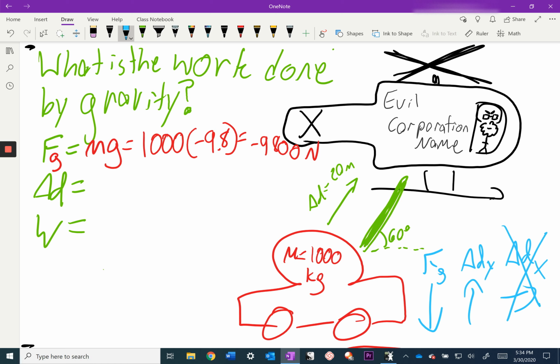So we're going to go ahead and cross out our displacement in the x. So what we care about is our displacement in the y, which is going to be h. This is, again, a from the horizontal problem. So our displacement in the y will be h sine theta, or 20 sine 60.